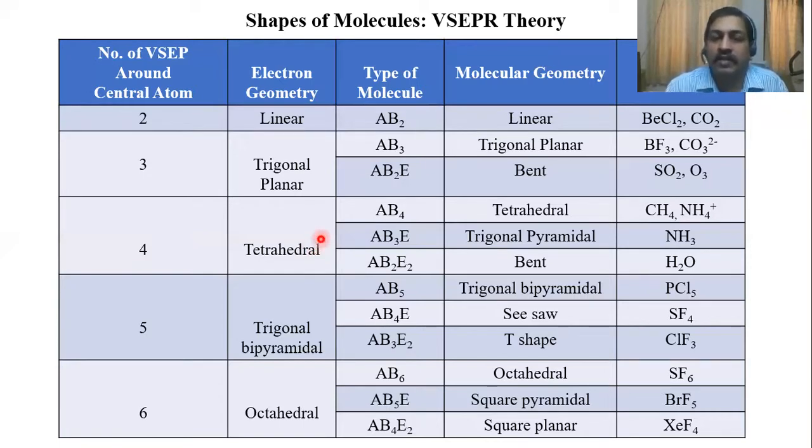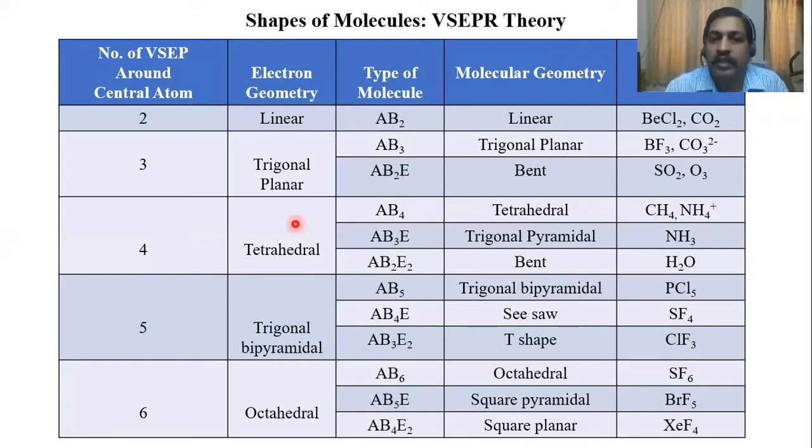Okay. The next point, when there is no lone electron pair on the central atom, molecular geometry will be same as electron geometry. For example, in AB4 type molecule, there is no lone electron pair on the central atom. So the molecular geometry is same as the electron geometry, it is tetrahedral.